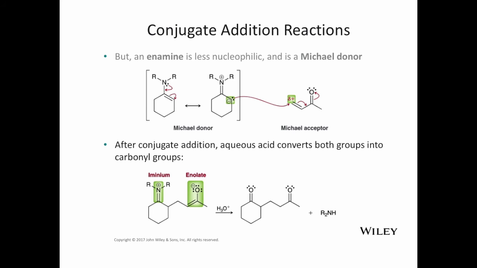So the enamine will react by essentially putting electron density on this carbon, which can then attack the beta carbon of a Michael acceptor. And when you're done, you get this intermediate, which then with acid and water, the iminium goes to the carbonyl, and the enolate gets protonated and tautomerizes to the ketone.